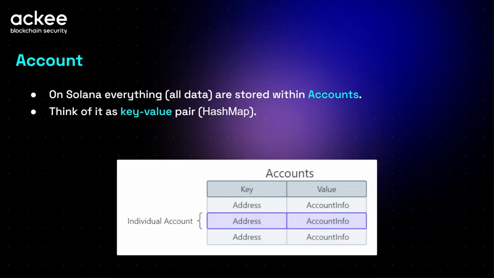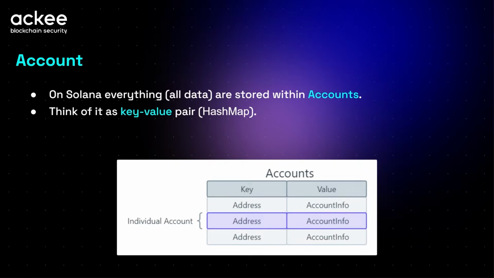Think of it as a key value pair. For example, in Rust, it is called a hash map, but this is just an example. I wouldn't like to compare it directly to hash maps. A hash map contains a key, which is unique, and then for the unique key, it also contains the desired value. The same goes for Solana.